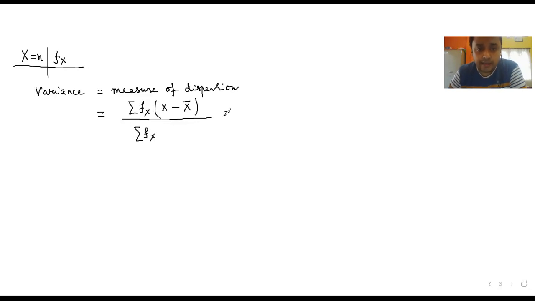And if I want to write it explicitly, you can write it in the following manner: summation over i of f i into x i minus x bar, where i goes from 1 up to n, divided by the total frequency. So this is the formula of the variance in the case of a frequency distribution.